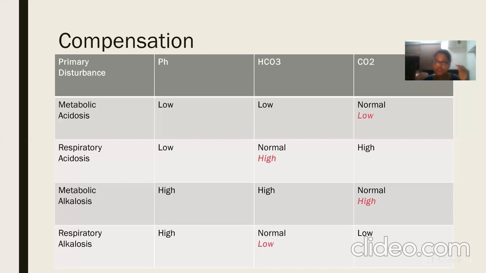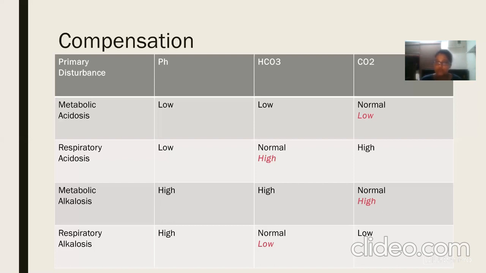So if you get this person in and you see that this person's pH is low and the parameters are moving in the same direction, but the pH is still not in the normal range, this person is partially compensated. If the person's pH is in the normal range and the parameters are moving in the same direction, but they're deranged, this person is compensated.